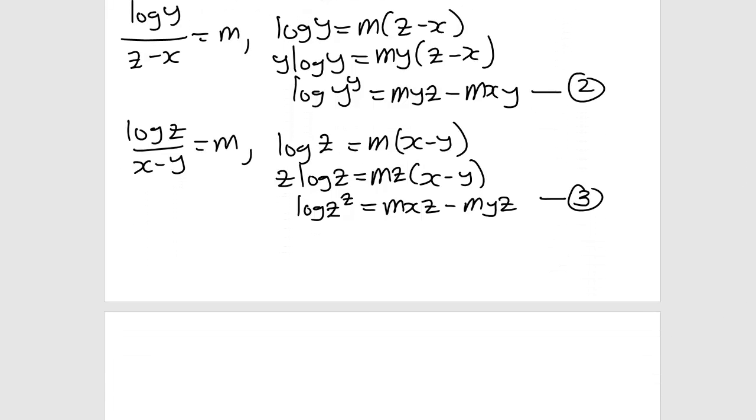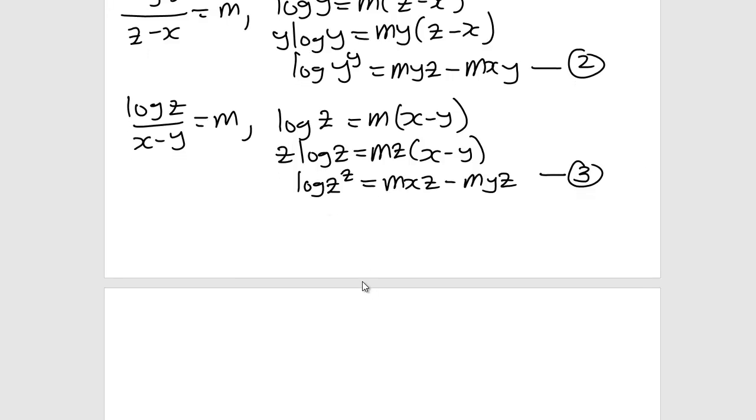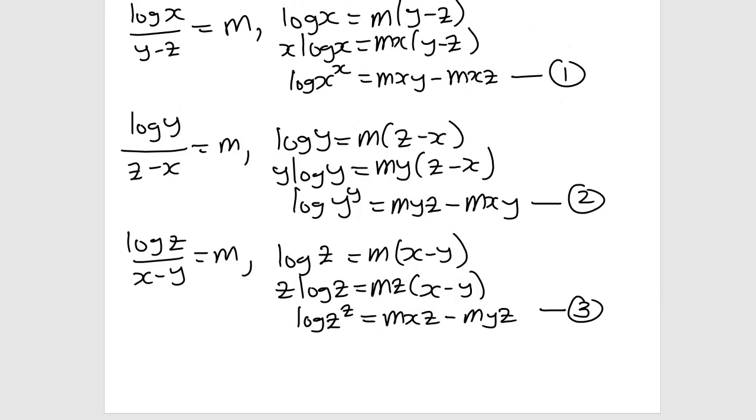So after getting all these three equations, what we are going to do next is add equation 1 to 2 to 3. So we are going to have equation 1 plus equation 2 plus equation 3. We are going to add the left hand side first.